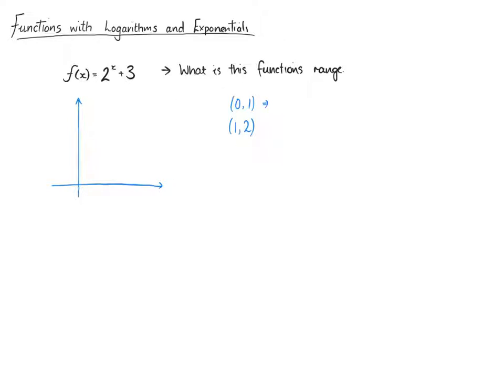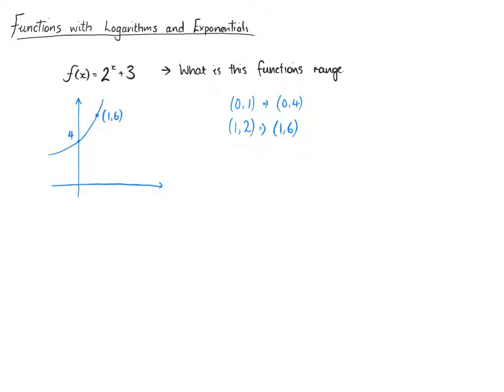But what we've done is we've got that plus 3, so we know we've moved it up 3, and that's the y, so we're going to have 0, 4, and we're going to have 1, 6. So if we draw this, we know we're going to have a function that looks kind of like this. That one would be 4, and we're going to have a point 1, 6, right?